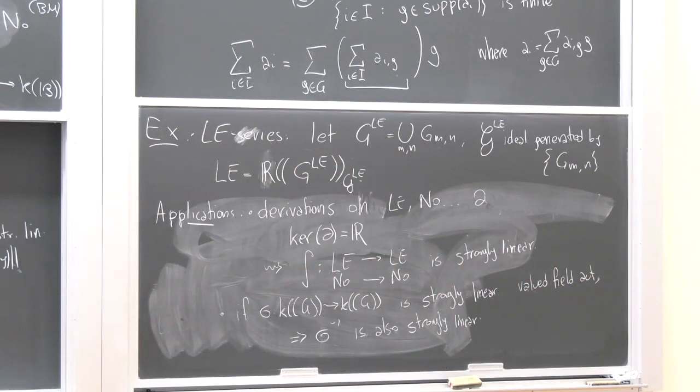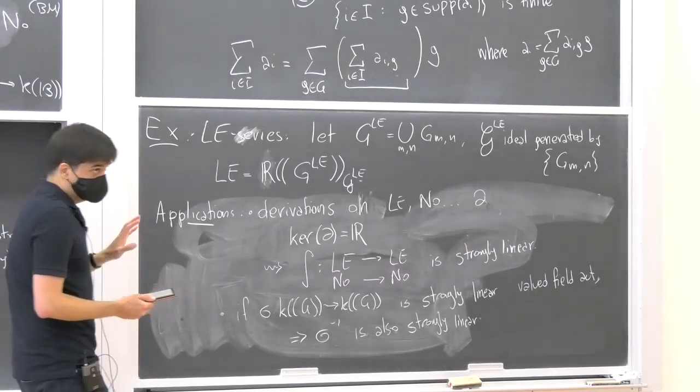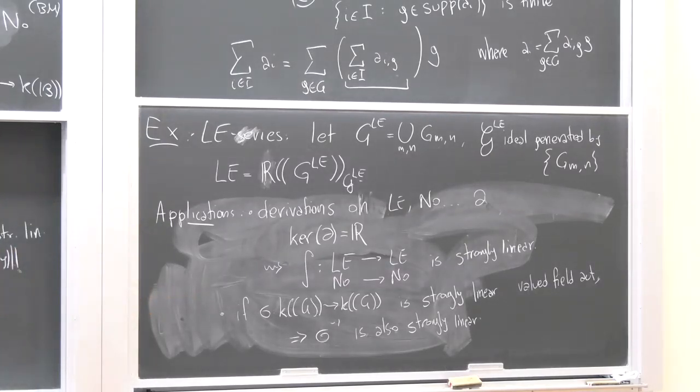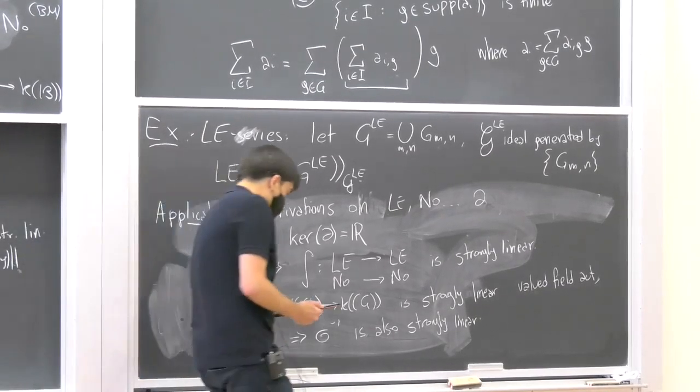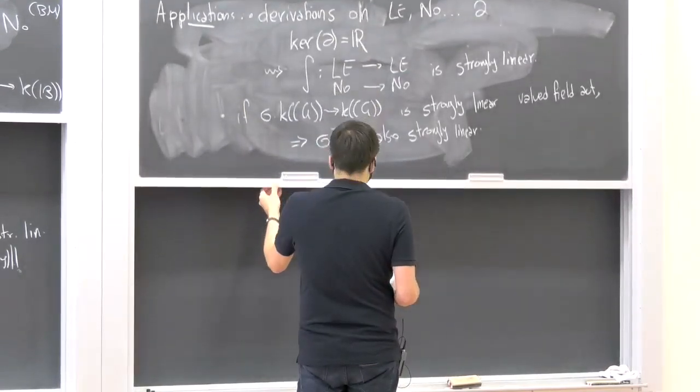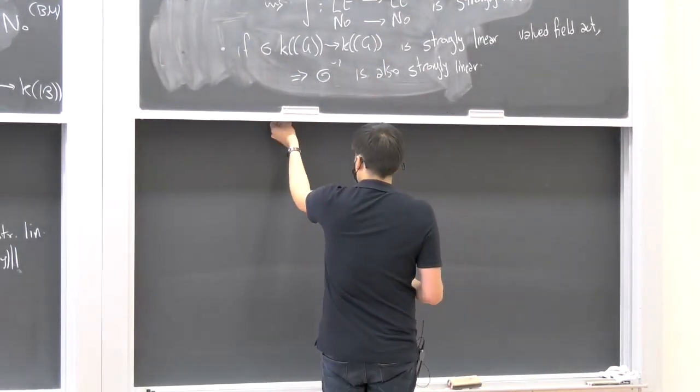Okay, now I want to finish sort of with the claim and then one other application if I'm quick enough, which I'm never going to be quick enough. So how do we make sense of this in the bounded setting?